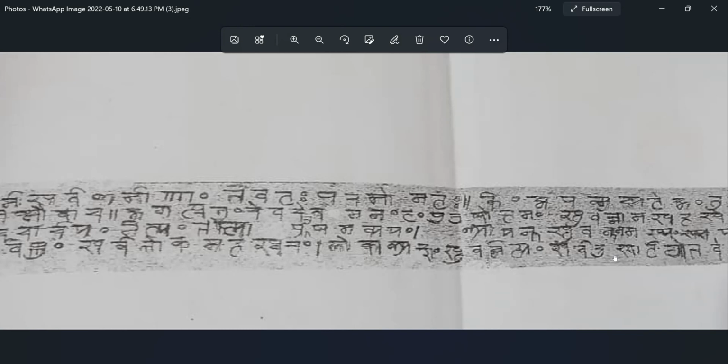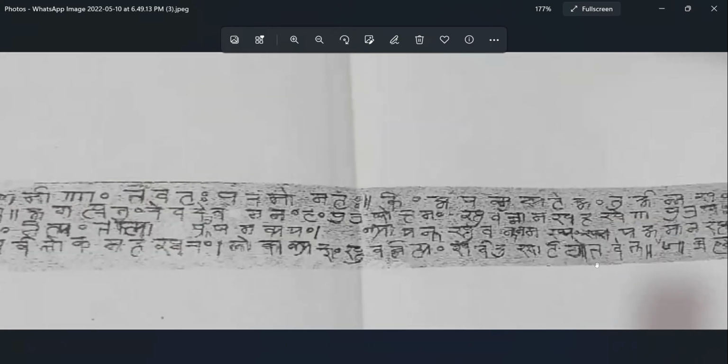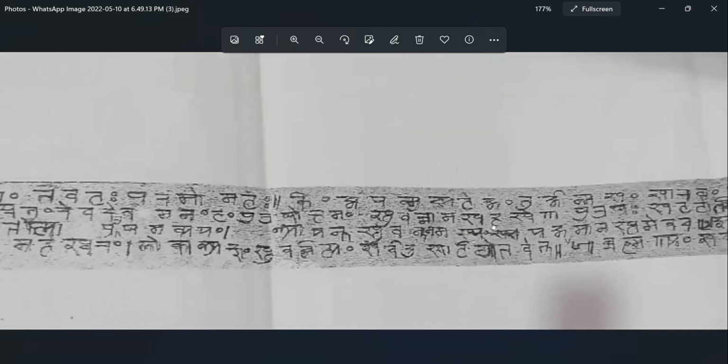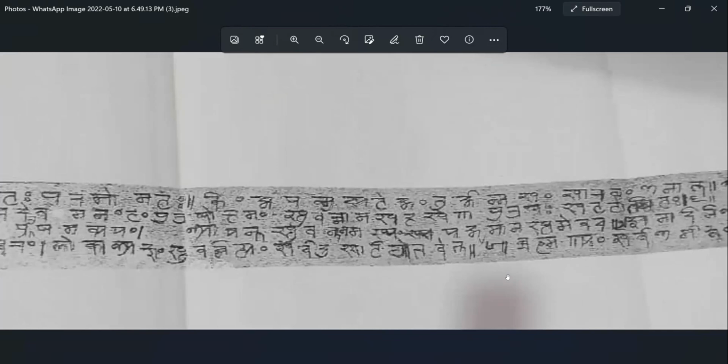Dukkha, dukkhati. Go. And then Bhavet. Sir, ta with u? No, ta with halant. Bhavet, like pathet, gachet.